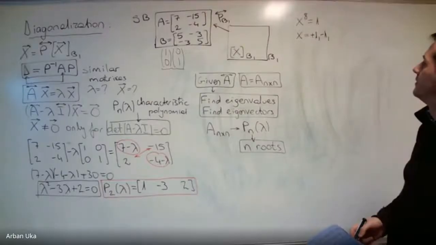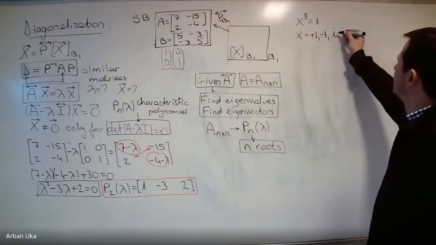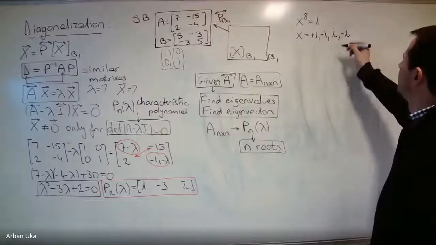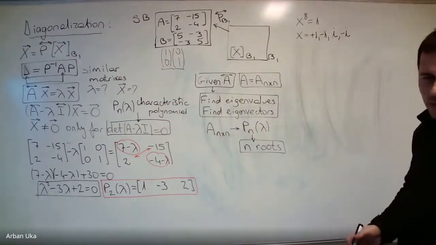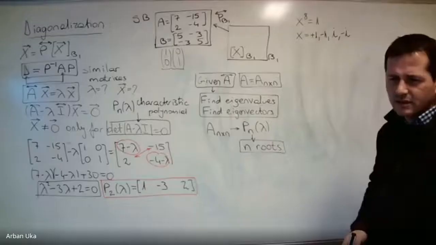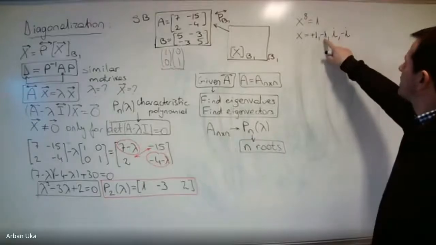The only imaginary numbers are, I guess, i. Yes, i, minus i. That is 4. We need 4 more. i squared, what is that? i to the power of 2 is minus 1. It's already here.